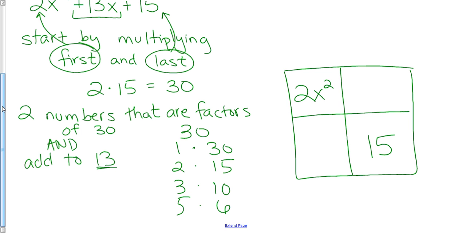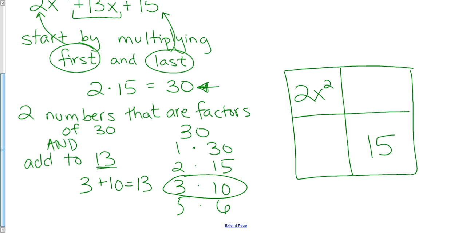Well, 1 plus 30 does not equal 13, nor does 2 plus 15, but 3 and 10 works. Okay? So 3 times 10 gives you 30. 3 plus 10 gives you 13. So once again, you need 2 numbers that multiply to give you the number you found here, and also add to give you that middle term.